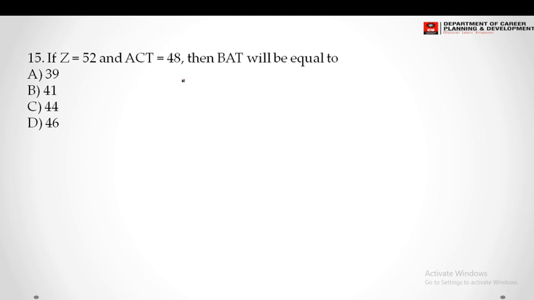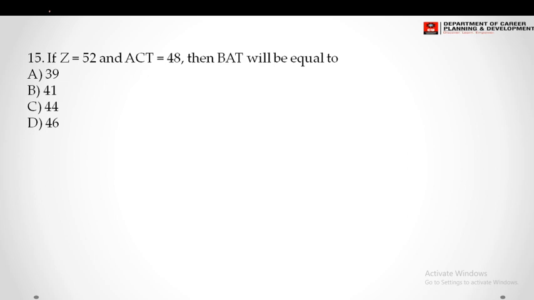So now let's move to the next question. Next is question number 15. In question number 15, Z is written as 52, but this is not possible, because the alphabet goes only up to 26, so you can't write Z as 52.